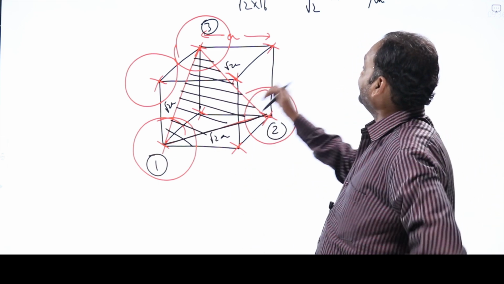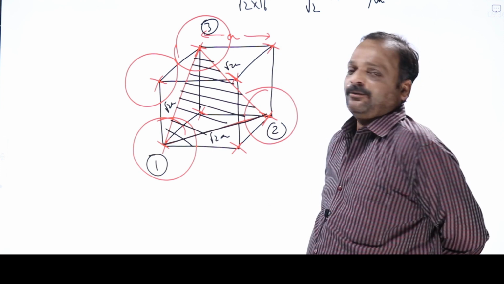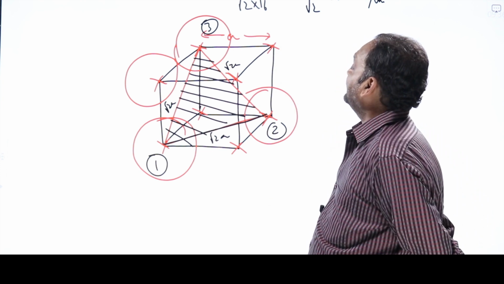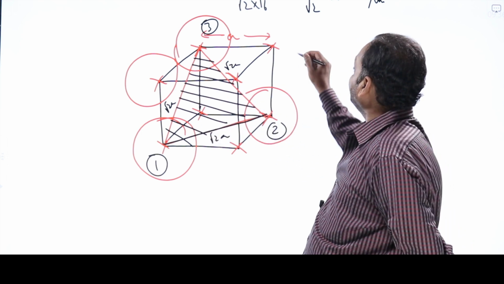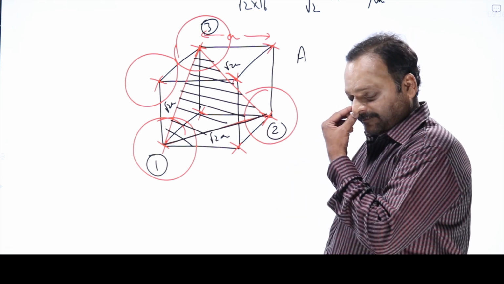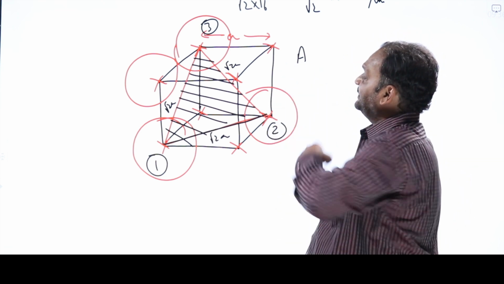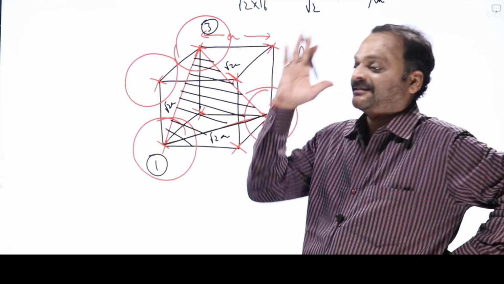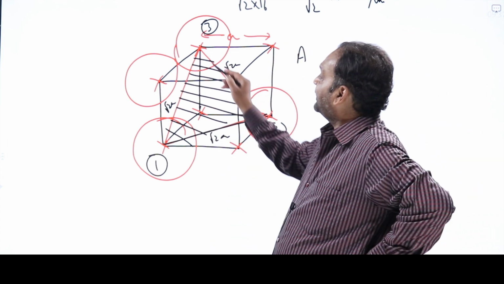Whatever it is, how many atoms does this area effectively contain? I'll come back to that formula. Let us call this area A, the area of this equilateral triangle, which is our 111 plane. It is effectively covering how much cross-sectional area of atoms? Now look at this atom.